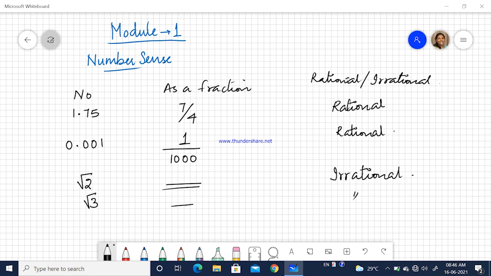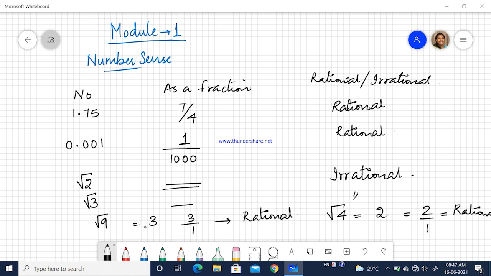Whereas root 9, the value is 3, so you can write 3 by 1. That is a rational number. If it is root 4, the value you will get is 2, so you can express it as 2 by 1. Not every root can be expressed as p by q.